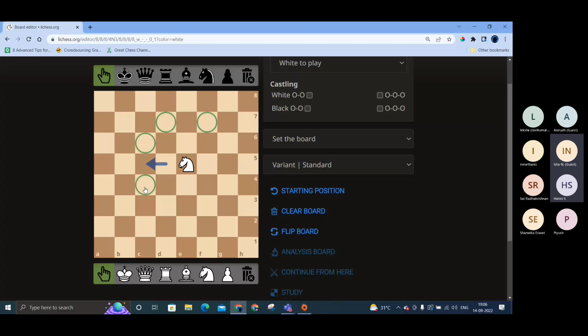Continuous 2 steps in this direction, take a turn and land here. 2 steps, take a turn, land. 2 steps, take a turn, land. So this is how a knight lands.